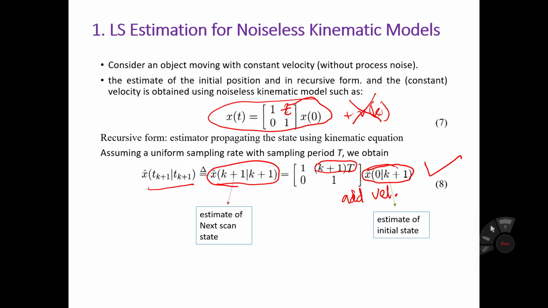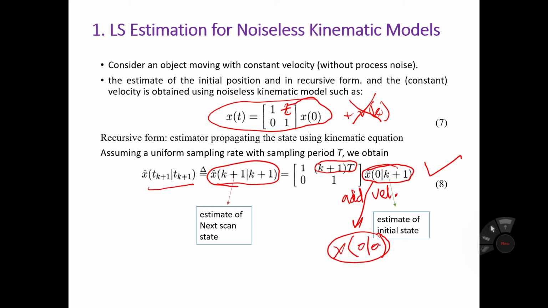This is the same as x of 0 conditioned on 0, which is the estimate of the initial state. So x of 0 given 0 is already given to you at the first time.